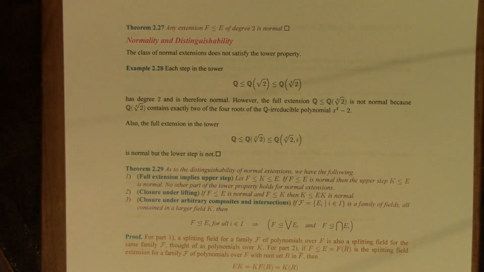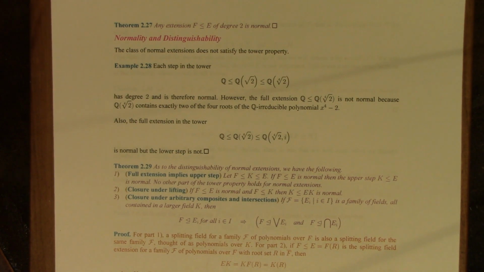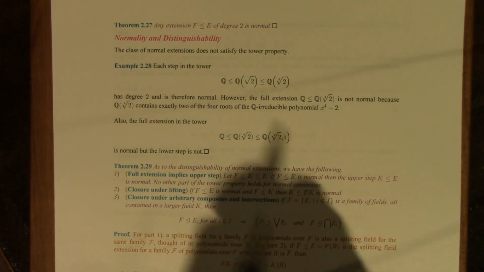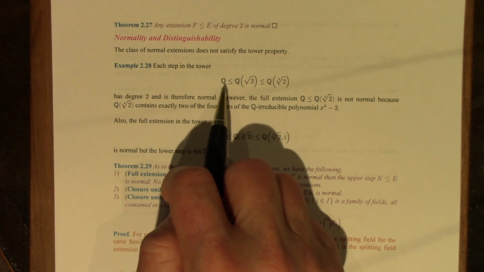Let's now examine the distinguishability properties for the class of normal extensions. The class of normal extensions fails miserably to satisfy the tower property. Let's look at this example.